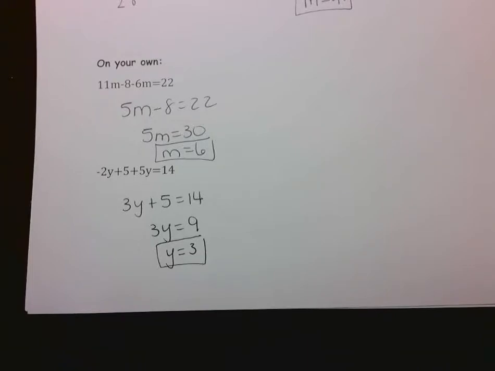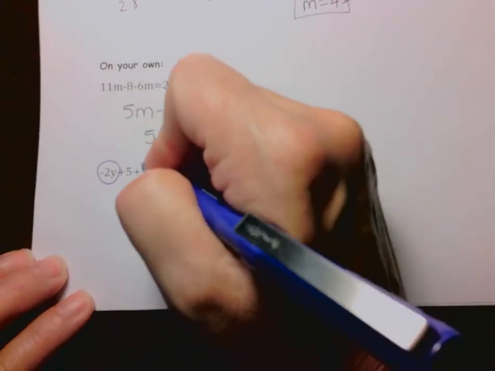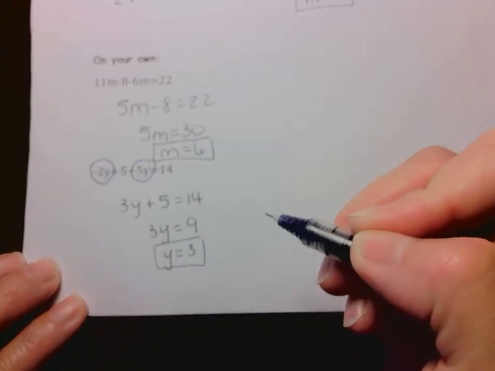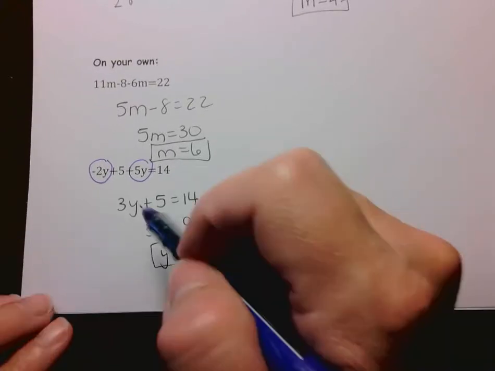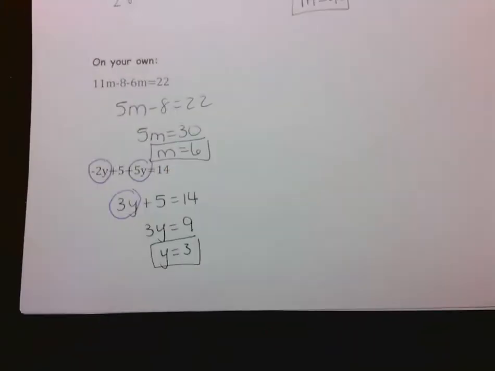And here are my answers. Notice what I did here: I combined a negative 2y with a positive 5y, and I got 3y.